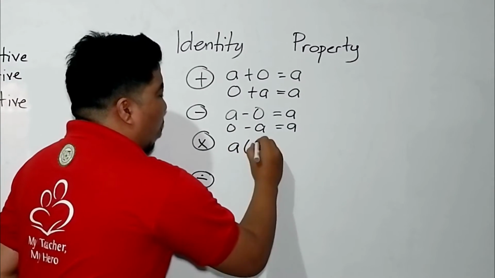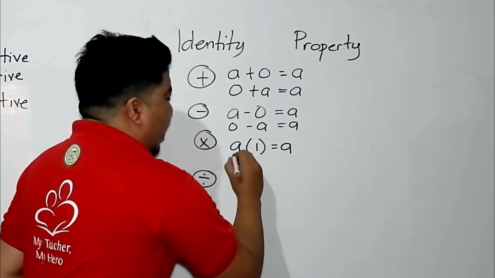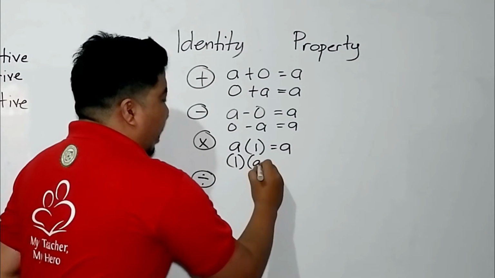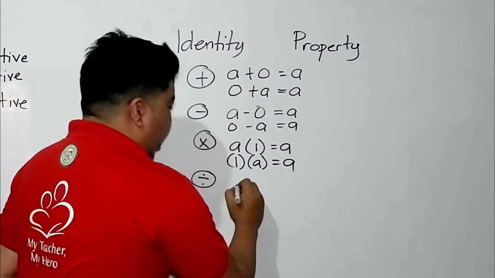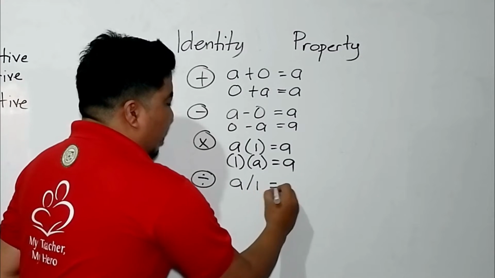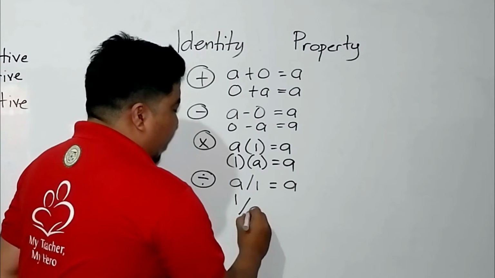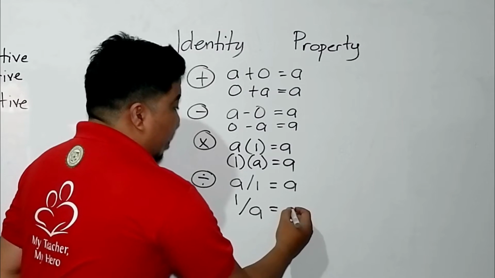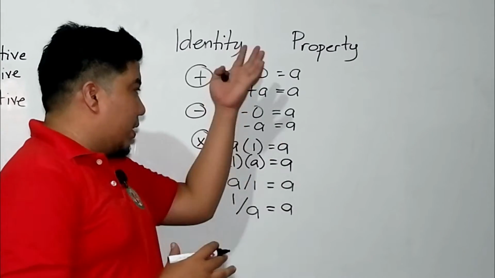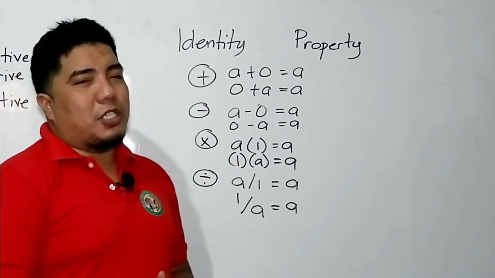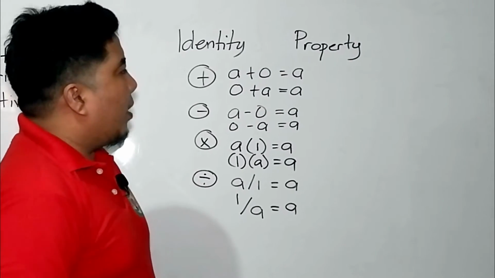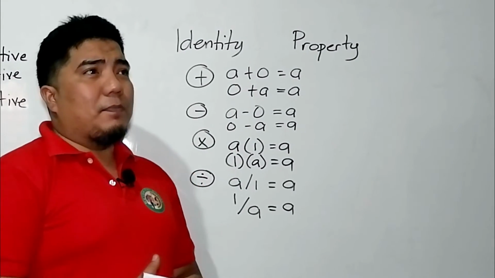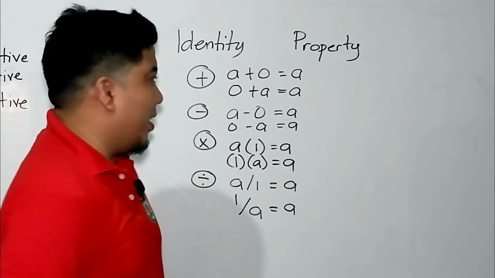A times 1 is equal to A, or 1 times A is equal to A. A divided by 1 is A. 1 divided by A is A. Now, let's check whether these are all true in each scenario. Let's consider that A is 6.